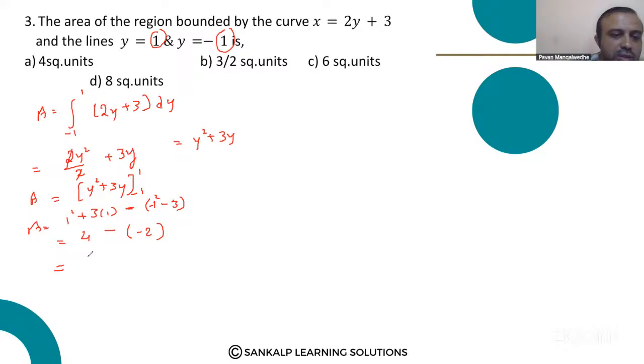So 4 minus of minus 2 is plus 2, it is 6. Option C is the correct answer. So we go to the next question.